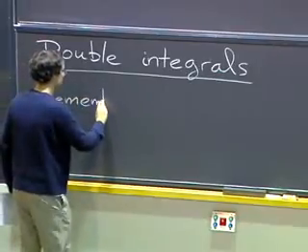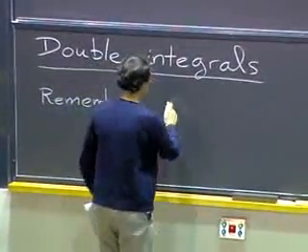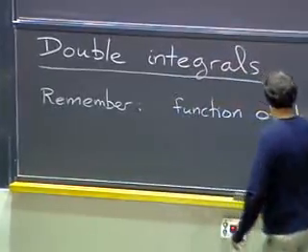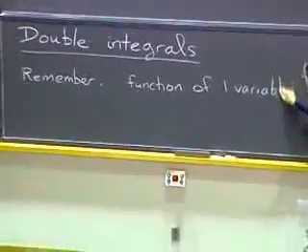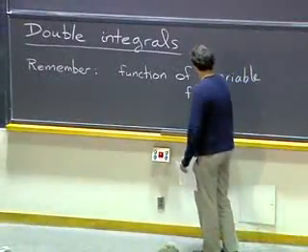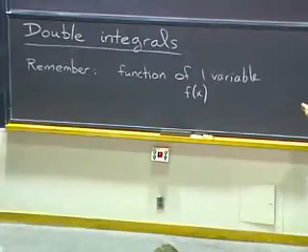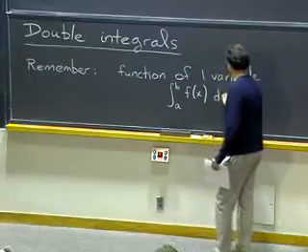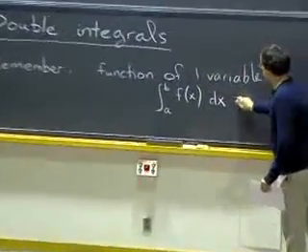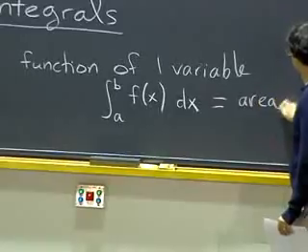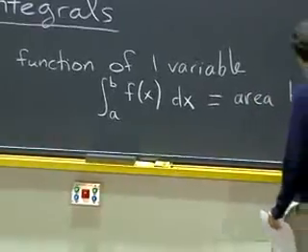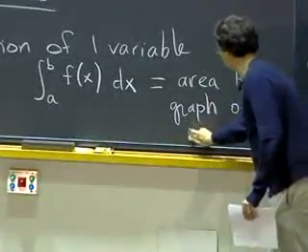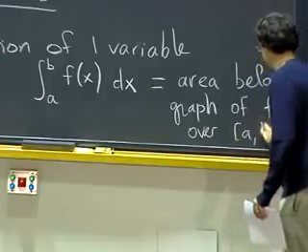Just to motivate the notion, let me remind you that when you have a function of one variable, say f of x, and you take its integral from a to b of f of x dx, that corresponds to the area below the graph of f over the interval from a to b.